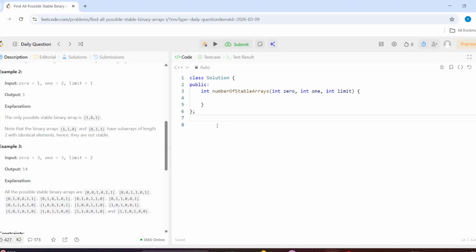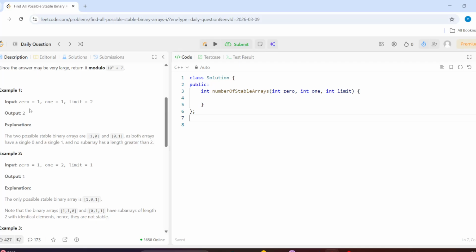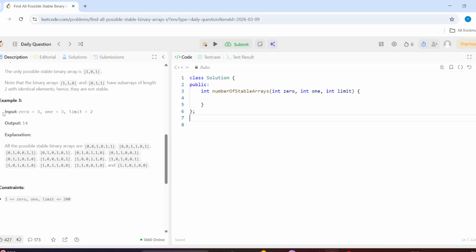Initially we will take 0, then we can take 1, then 0. Let's see this with the third example here.